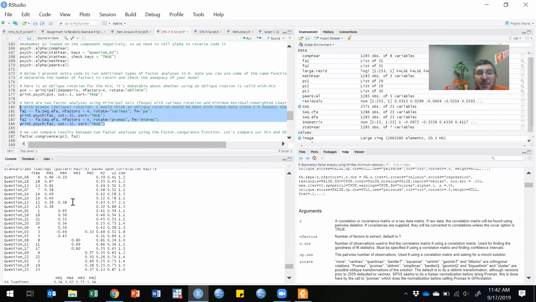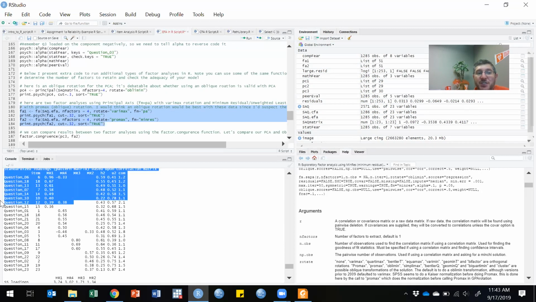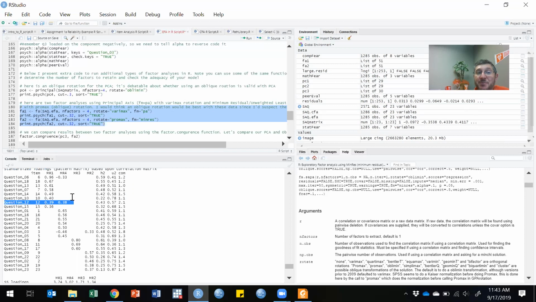One difference is that question 12 is loading basically the same on factor 1 and factor 2, the computer fear and statistics fear items, so we might want to consider dropping it from the analysis and rerunning the factor analysis.